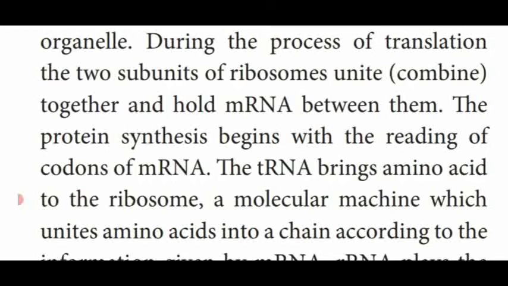During this translation process, the two subunits, large unit and small unit of the ribosome, unite together and are attached to the mRNA between them. At the center, they have the mRNA strand. On top, they have the large unit. Lower, it has the small unit.